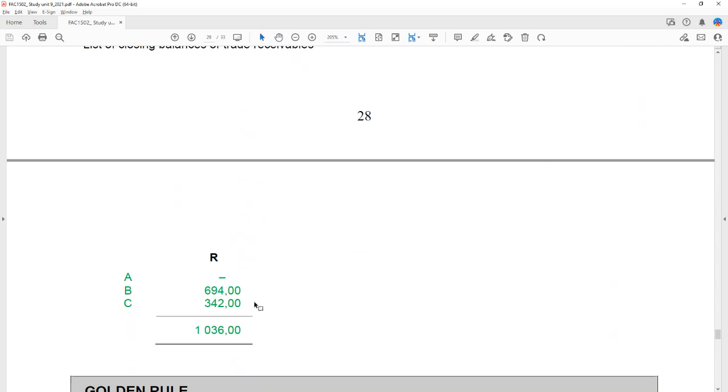If I add that, I also get 1036 Rand, and I know that my trade receivables control account is equal to the total of my debtors. So I'm happy that my trade receivables ledger is equal to the balance of my trade receivables account. And that brings us to the end of my presentation for today.